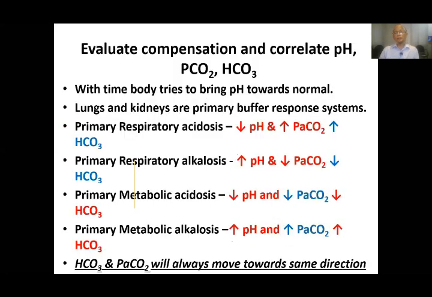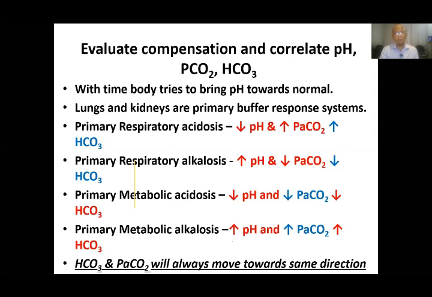Evaluate compensation and correlate pH, PaCO2 and bicarbonate. With time, the body tries to bring pH towards normal. Lung and kidney are the primary buffer response systems. In primary respiratory acidosis, as already mentioned, pH will be less, PaCO2 will be more, and bicarbonate will be more there.